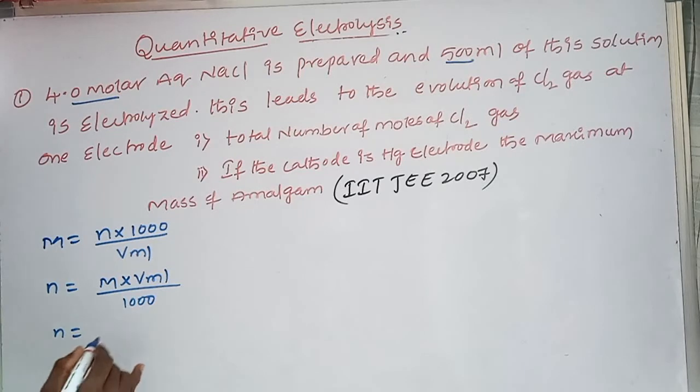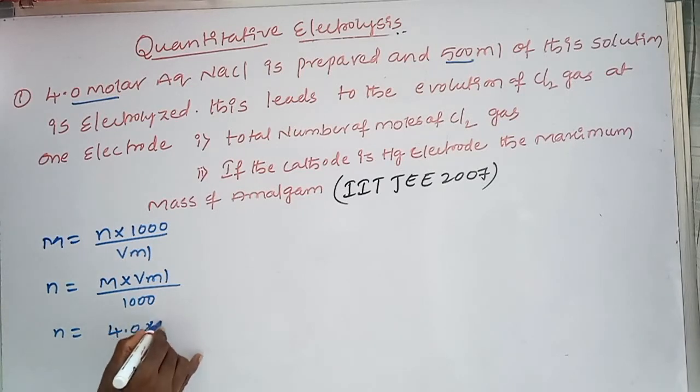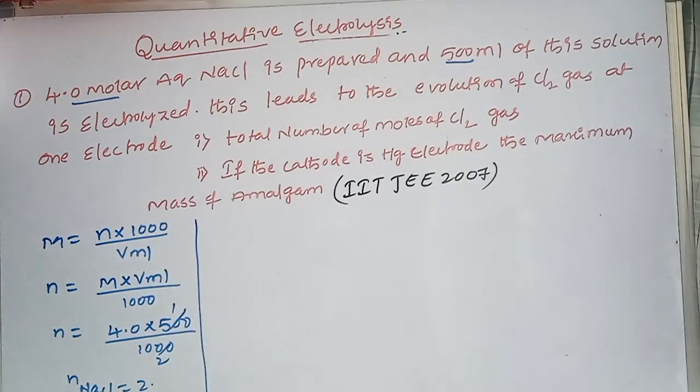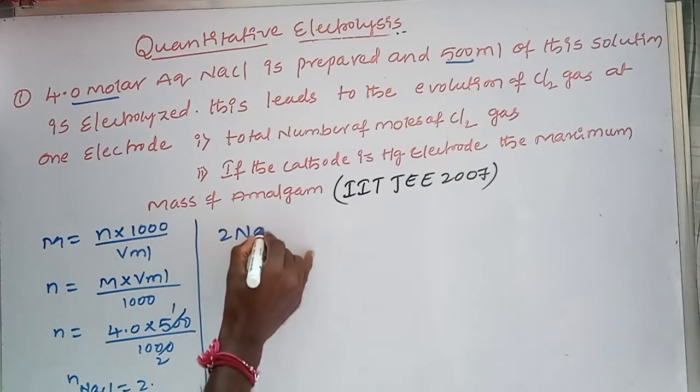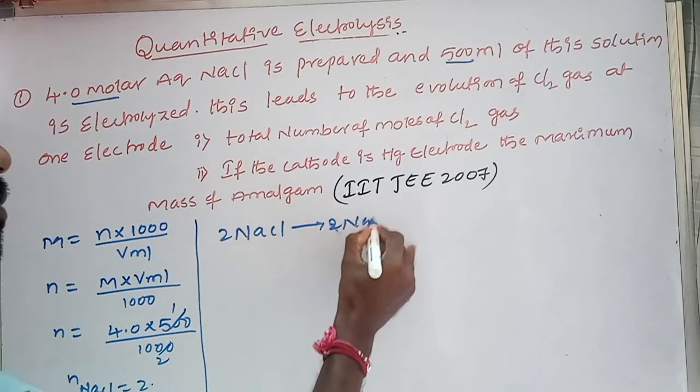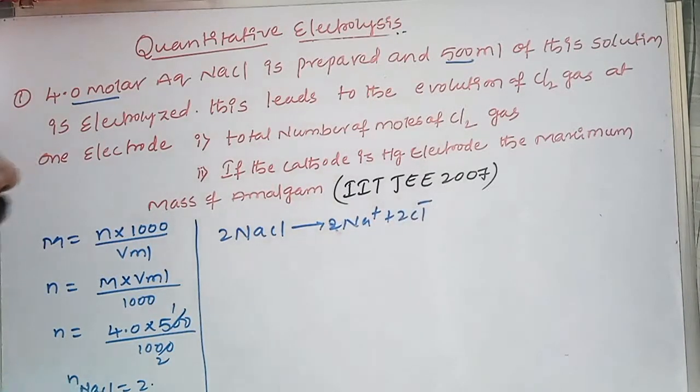Then number of moles equal to 4.0 into 500 by 1000. So the number of moles of NaCl we got is 2. Now in that solution, how many moles of NaCl are there? 2 moles of NaCl. The 2 moles of NaCl will dissociate into 2 moles of Na+ and 2 moles of Cl-. See here, this is the NaCl solution.